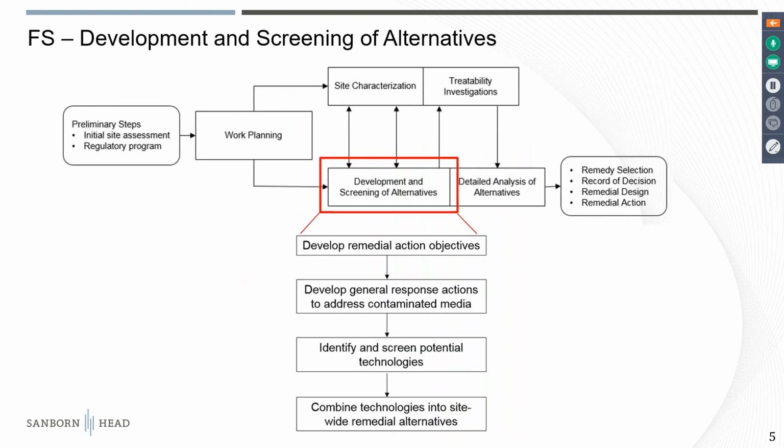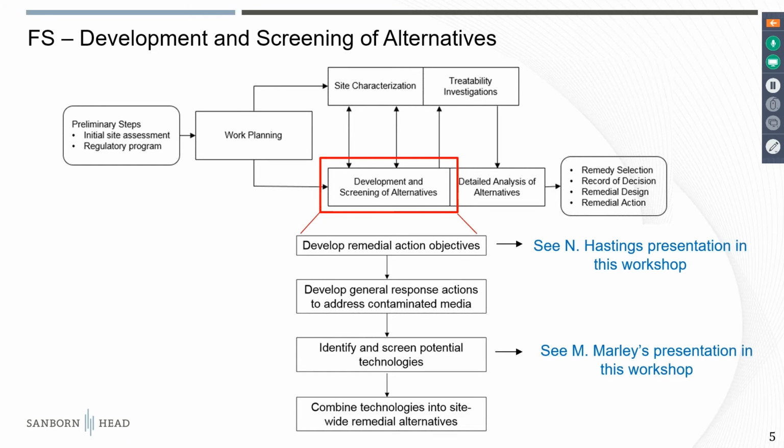So we're going to drill down a little bit here into the first box under the feasibility study process, the development and screening of alternatives. And this is broken down, as shown here, into a series of steps. The first step under here, the development of remedial action objectives, is the process that Nick covered earlier this morning.